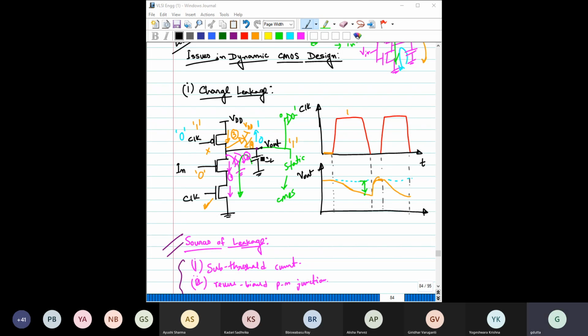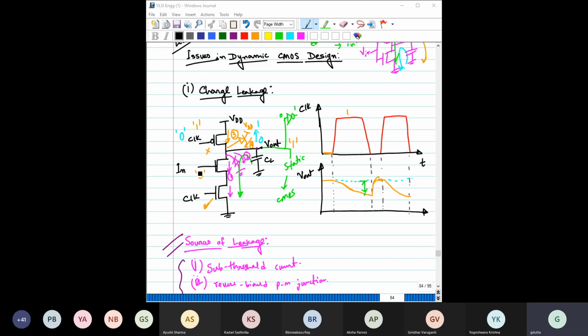That charging only happens during the pre-charge. During the evaluation phase, there is no way that this capacitor will get charged. So we want the charge acquired during the pre-charge phase to discharge only conditionally, only when the pull-down network allows it, right?